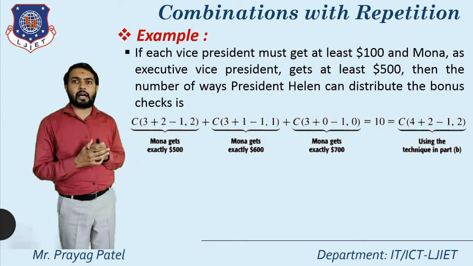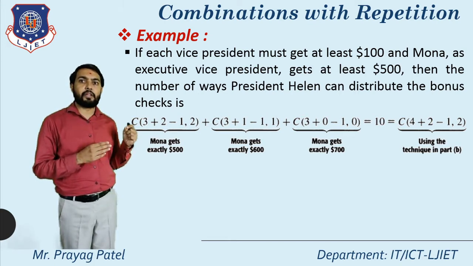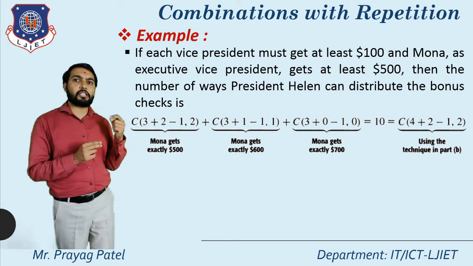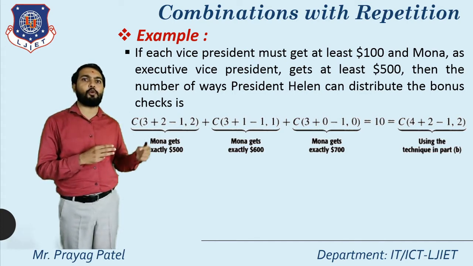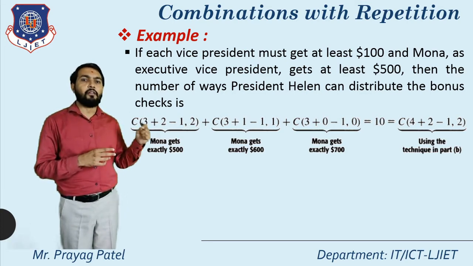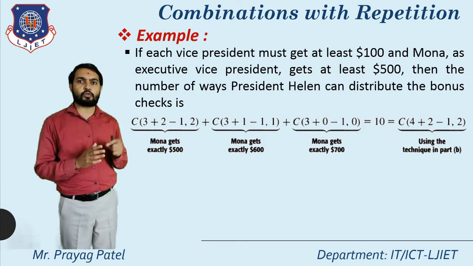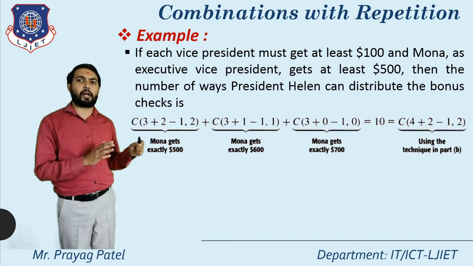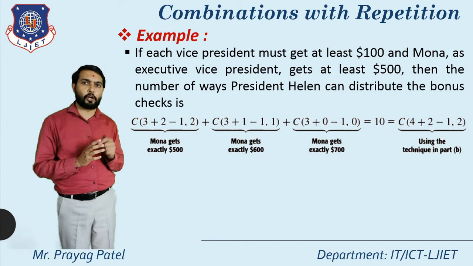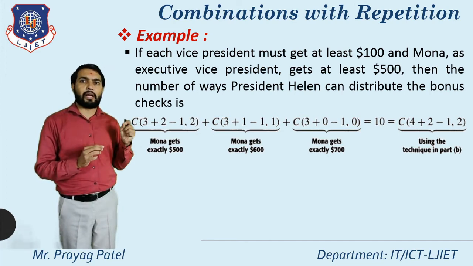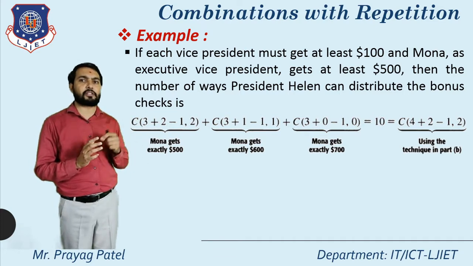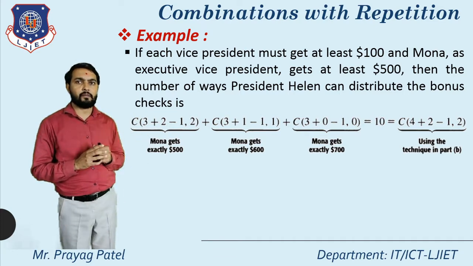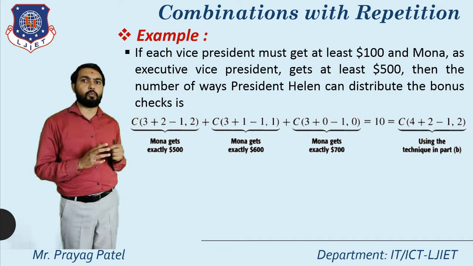Now only 2 checks remain. These 2 checks will be distributed between the remaining 3 vice presidents, because for distributing the remaining 2 checks we cannot consider Mona, since we already gave Mona 500. So 3 plus 2 minus 1, 2.